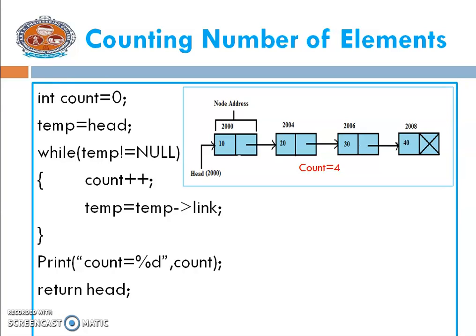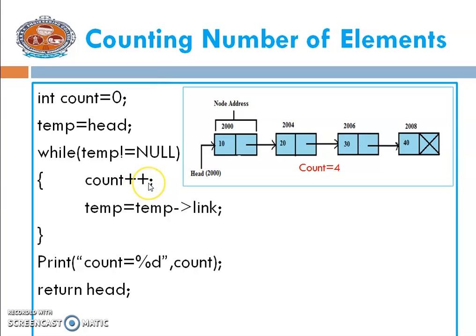Counting the number of elements. To count the number of nodes present in the linked list, we consider a variable count and initialize it to 0. Use a temporary variable pointing to the head. Now start counting the nodes, traversing the list from the head using the temporary variable.